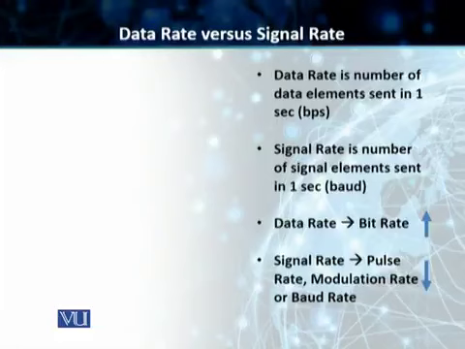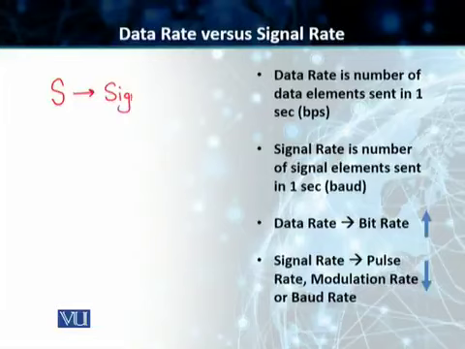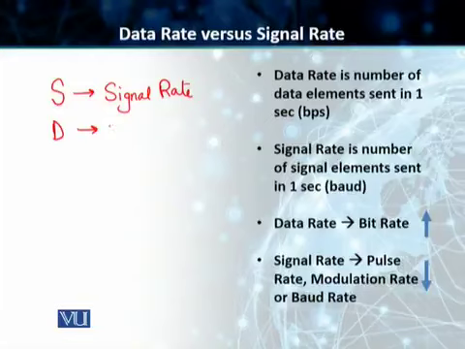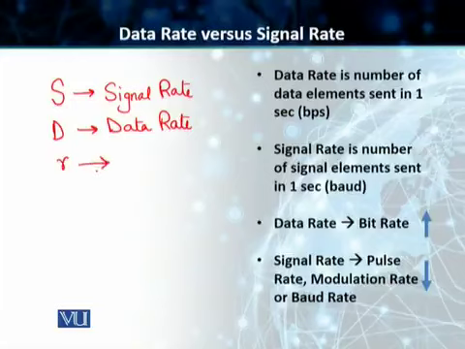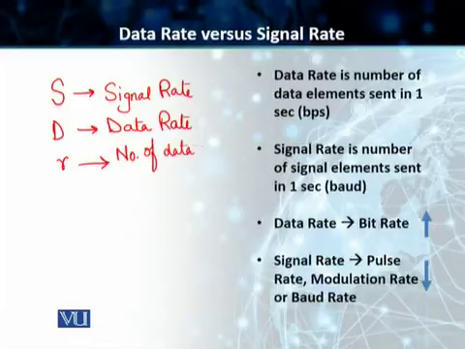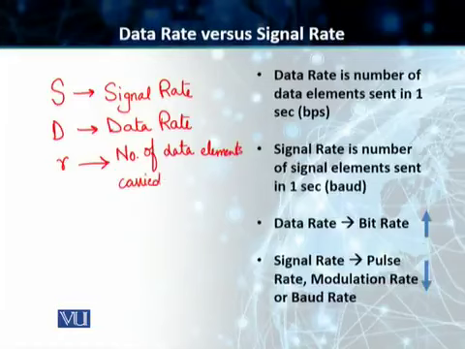Students, if we represent our signal rate with capital S, and our data rate is represented by capital D, and we have already gone through R in the previous discussions, and we know that R, the ratio R, is nothing but the number of data elements carried by each signal element.